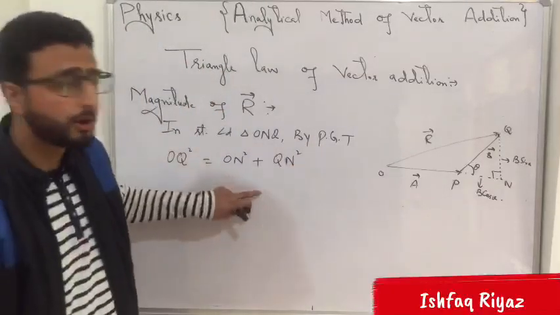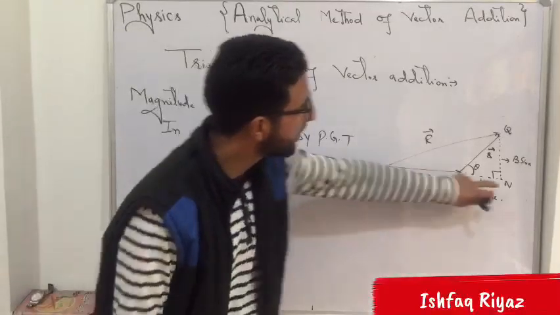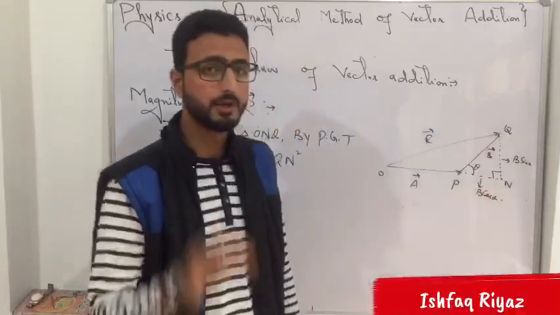You are getting it or not? Simply I used PGT in this very right angle triangle ONQ. So OQ square is equal to ON square plus QN square, right?